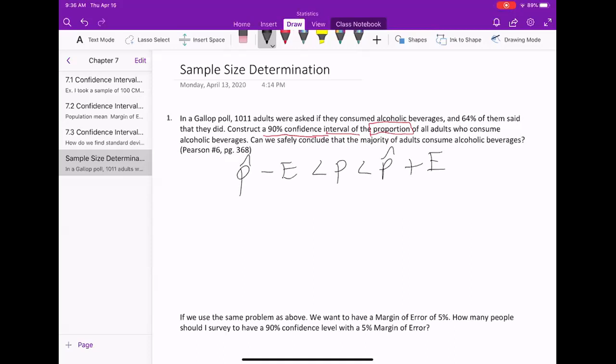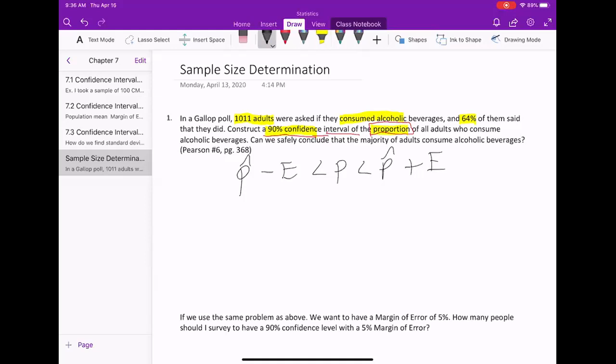So now we start highlighting all of our key pieces of information. We have 1,000 adults. 64% of them said they consume alcohol, and we're building a 90% confidence interval on the proportion, right?